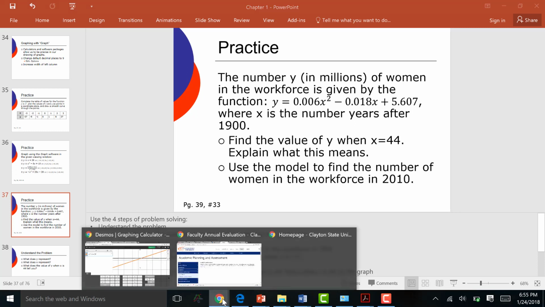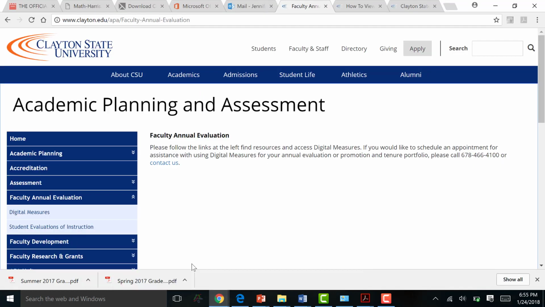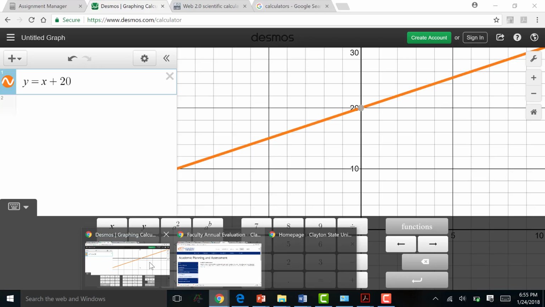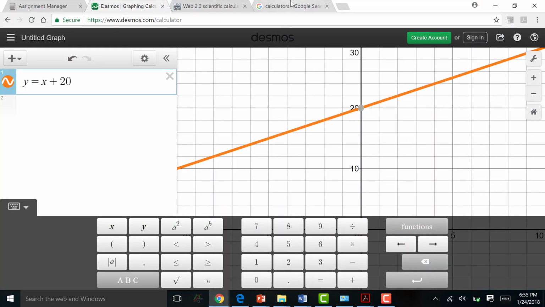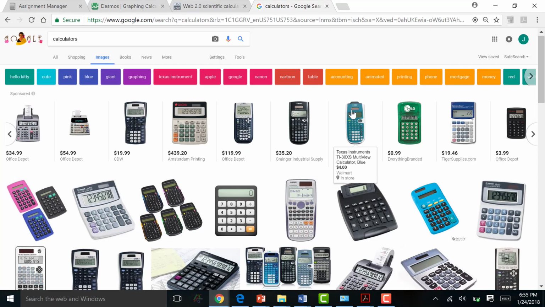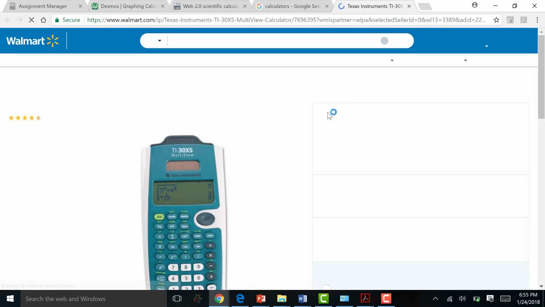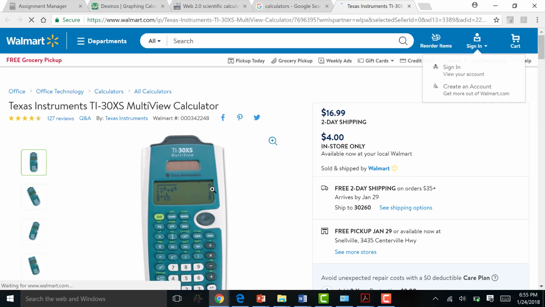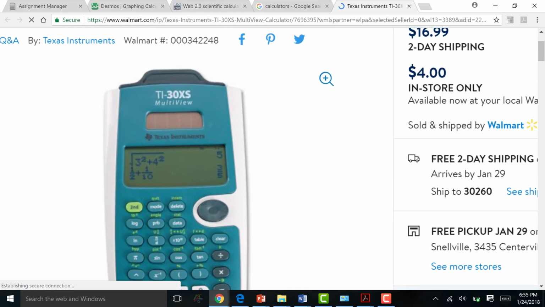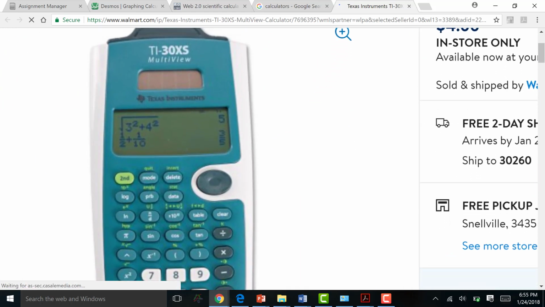Trying to see if I still have my window with my calculators. Did I delete it? I was just trying to pull up a calculator so you guys could see. Can you guys see this calculator right here? See how you can see what you typed? And it gave me the answer to the right, but it left what I typed on the screen.